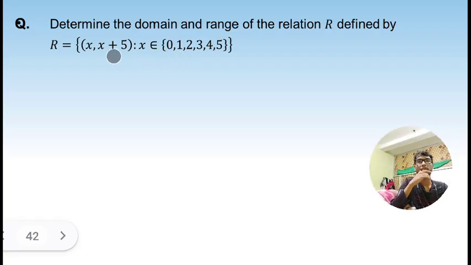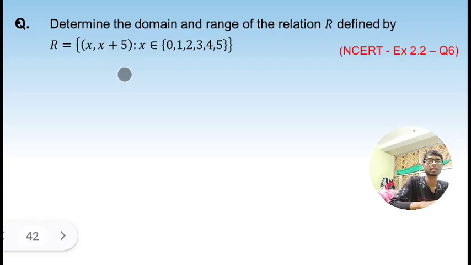First of all 0 comma 5, then 1 comma 6, then 2 comma 7, then 3 comma 8, then 4 comma 9, then 5 comma 10, like that. These are relations.